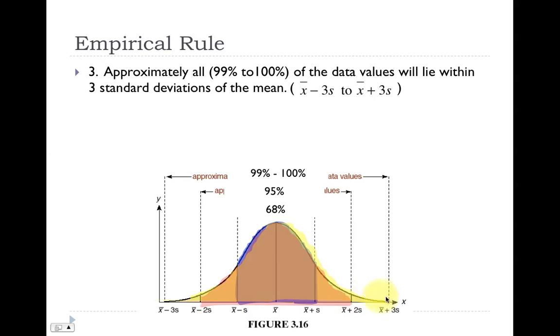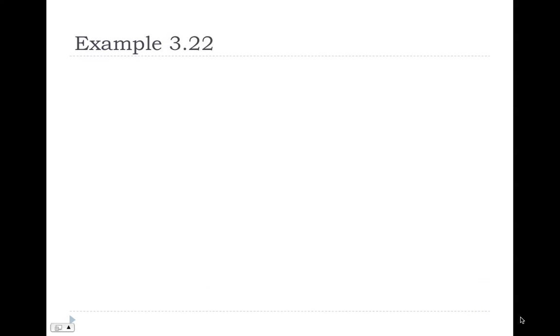The bell curve, you can see this little arrow here at the end indicates that this bell goes on forever towards the right and forever towards the left. Theoretically, the bell never touches the horizontal axis. And that's allowing for those potential outliers on the far left and the far right.